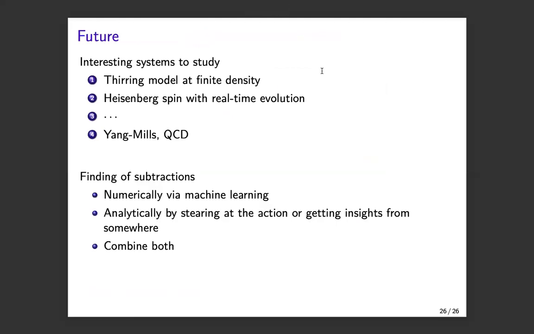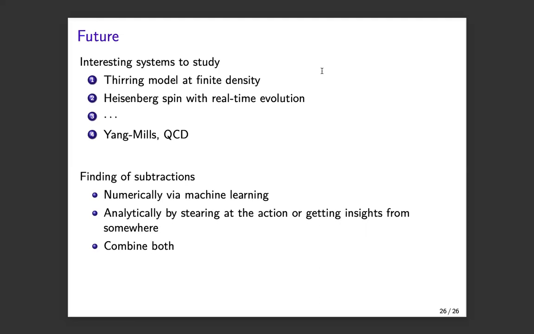And so these are the two methods that we have worked on for sign problems, either real time or chemical potential finite density sign problems. But especially for this subtraction method, we at least know that a perfect subtraction function exists. So if you can't find it, that doesn't mean that it doesn't exist. It just means that your method has a problem.